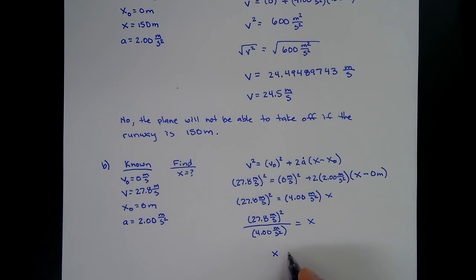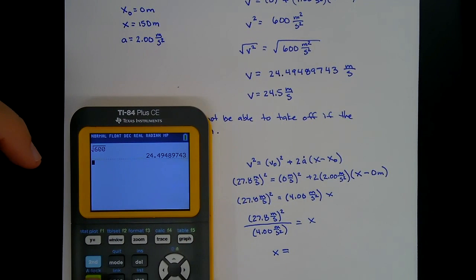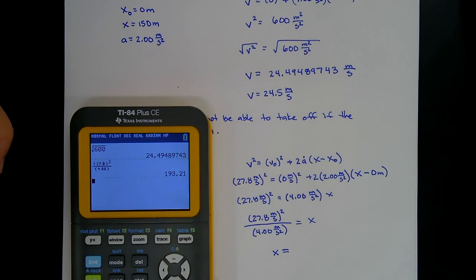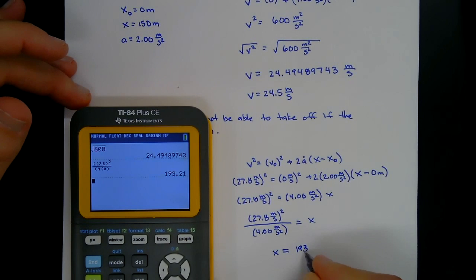So my x is going to be equal to, and you just put it all in your calculator, okay? So I'm going to do a fraction bar here and parentheses, 27.8, close the parentheses, and then squared, and then divide by 4.00. And we get 193.21. And this would be meters.